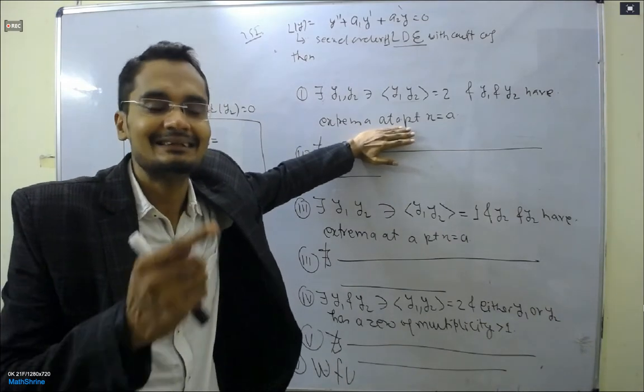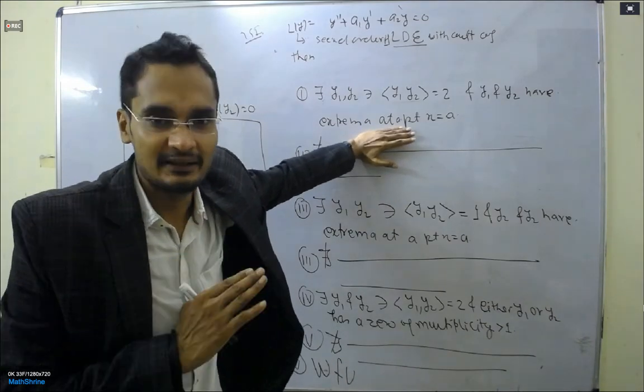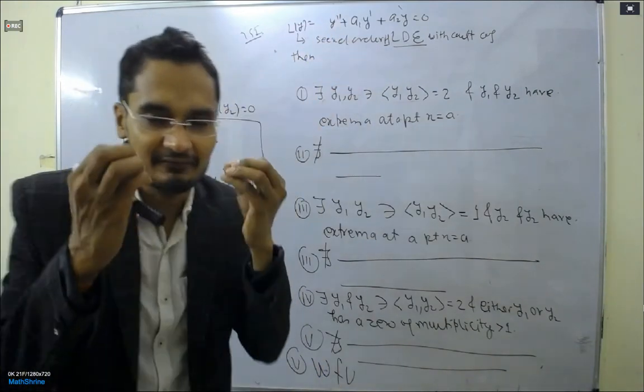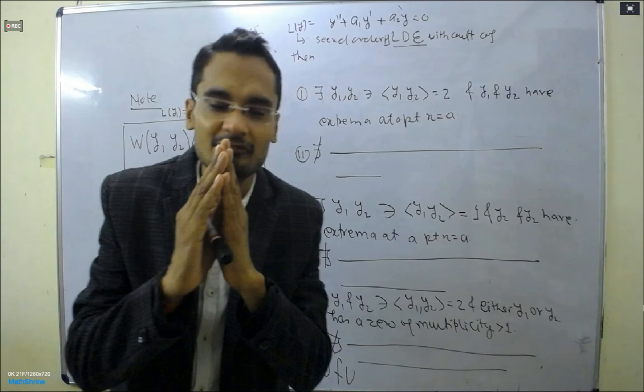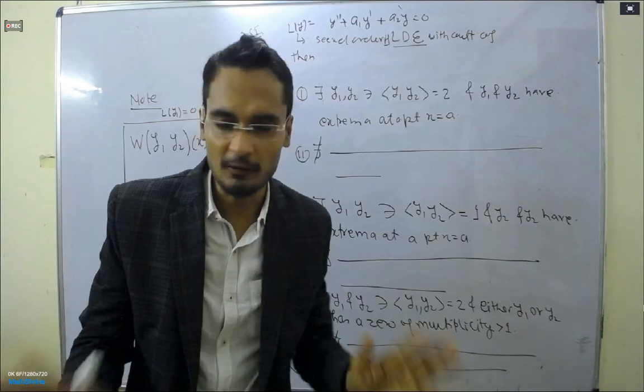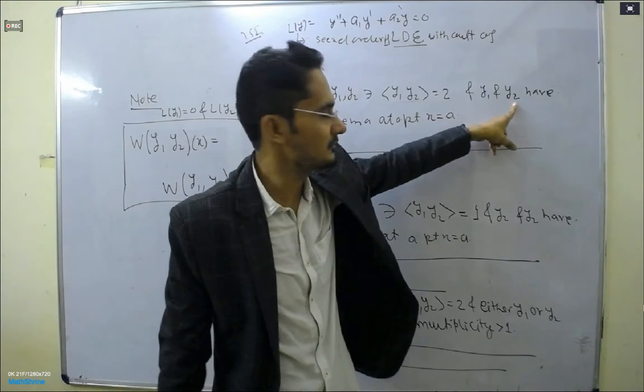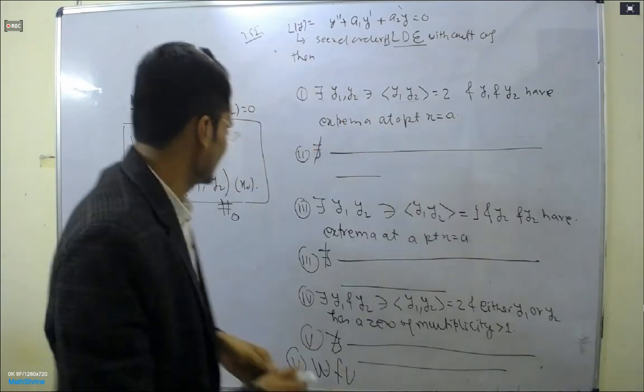But we know that the Wronskian is y1, y2, y1 dash, y2 dash. If you keep y1, y2, y1 dash at point A, it is 0, y2 dash at point A it is 0, so this is 0.